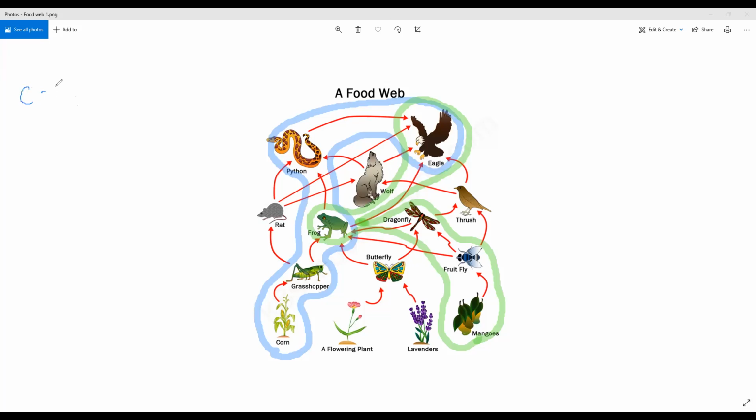If we have corn, grasshopper, to a frog, to a python, to an eagle, and then I put it side by side with a mango that's eaten by a fruit fly, which is eaten by a dragonfly, that is going to be eaten by the frog, which is going to be eaten directly by the eagle. You see how things can get a little bit complicated? Okay, how about I just do eagle like that, just for the sake of clarity, right?